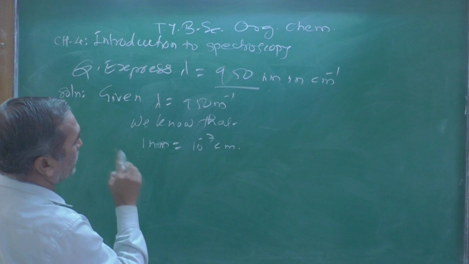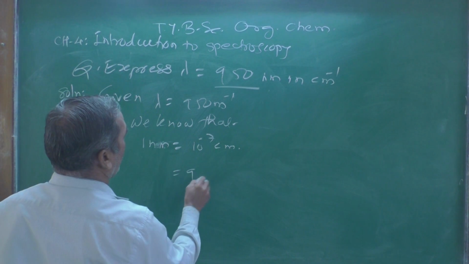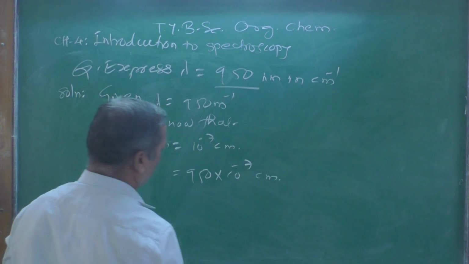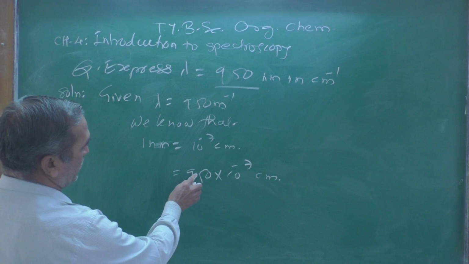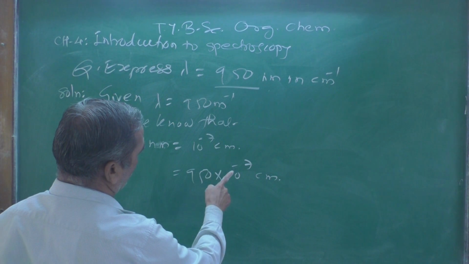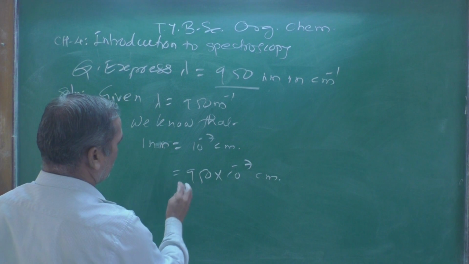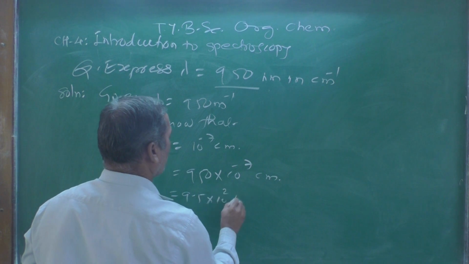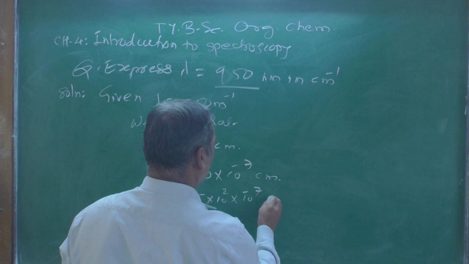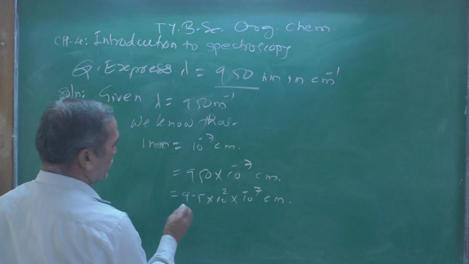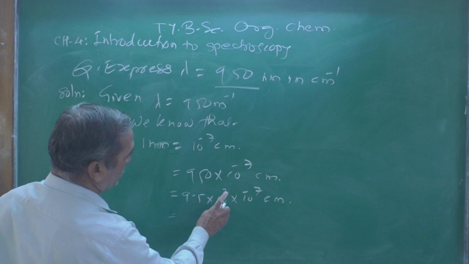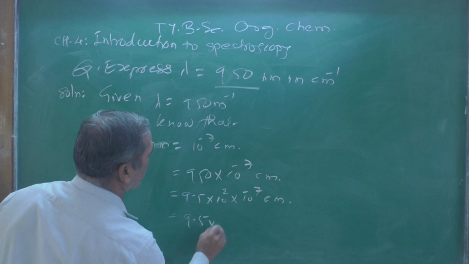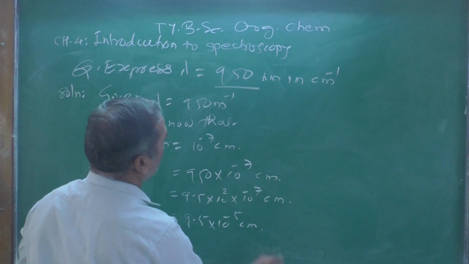They have given 950 nanometer, which means 950 into 10 raised to minus 7 centimeter. So here you can write 9.50 into 10 raised to 2 into 10 raised to minus 7 centimeter. The exponents are positive 2 and negative 7, so it is 9.5 into 10 raised to minus 5 centimeter.